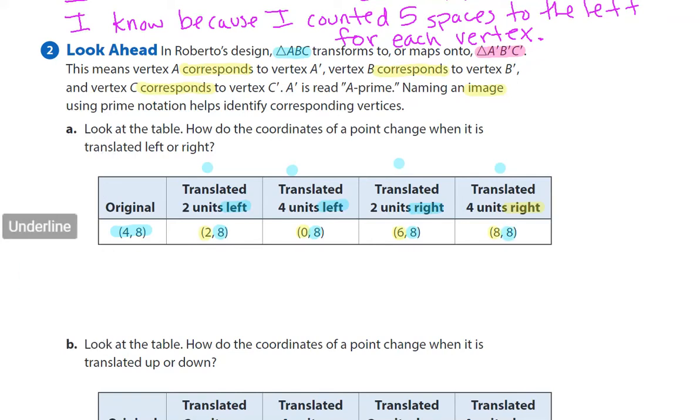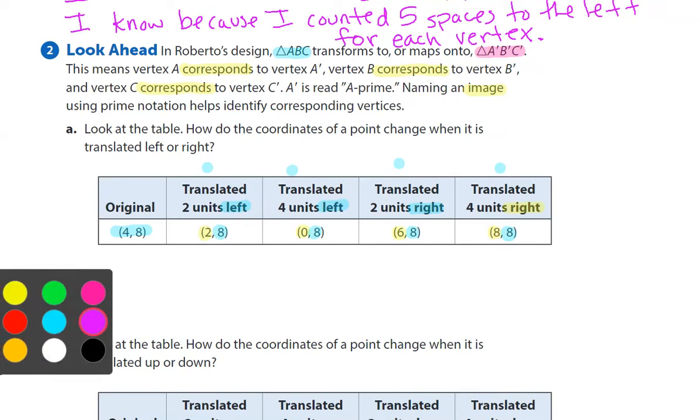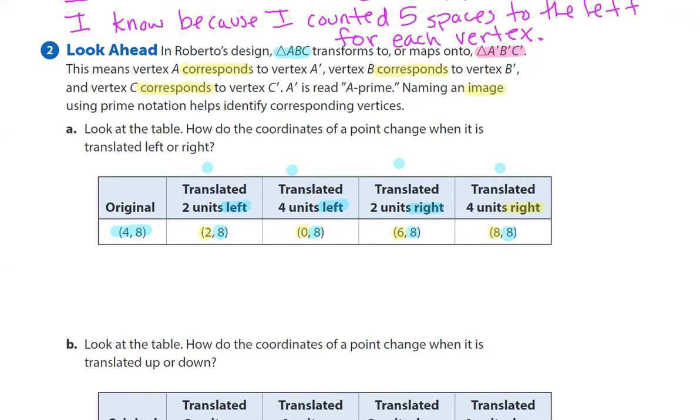And I can illustrate that for you right here. So I'll make a little coordinate plane, just a little one. And if it's changing to the right or left, I'll use a different color. If it's changing to the right or left, it's not going up or down, so the y is not going to change.